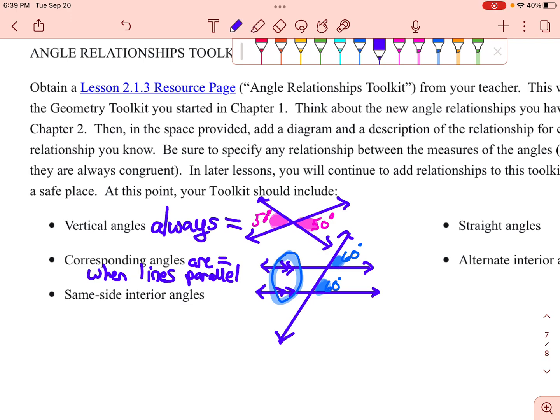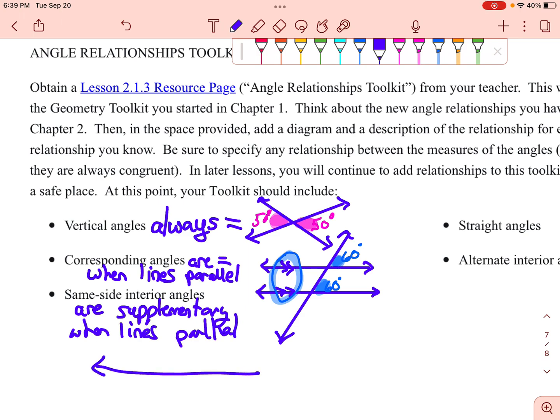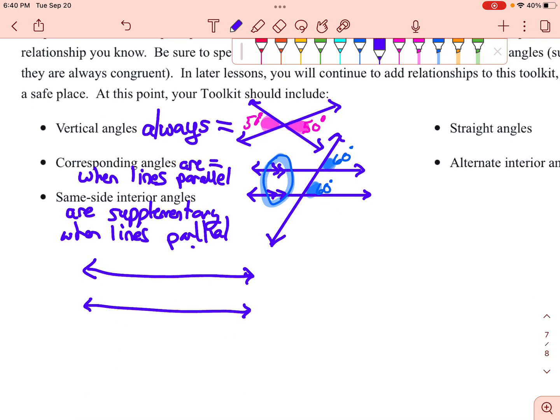The next one is called same side interior angles. And again, they are supplementary when lines are parallel. Okay, and again, let's go ahead and draw our, it's thundering here. We'll go ahead and draw our lines.